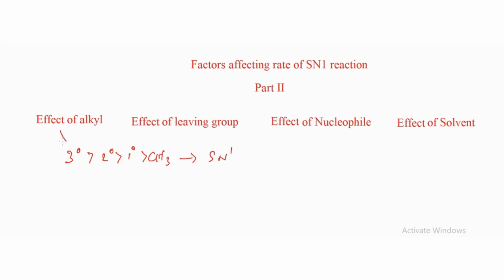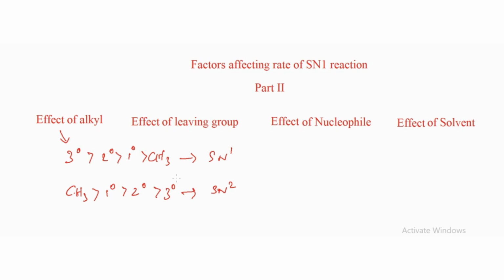I am talking about the effect of alkyl group. So in the SN2 we get like this. So this is the effect of alkyl group for SN1 and SN2. You see here both are reverse.